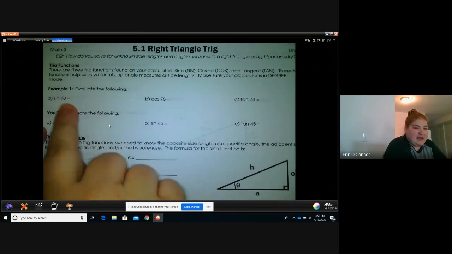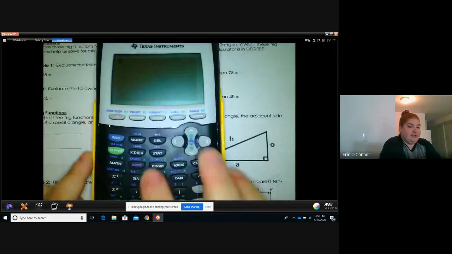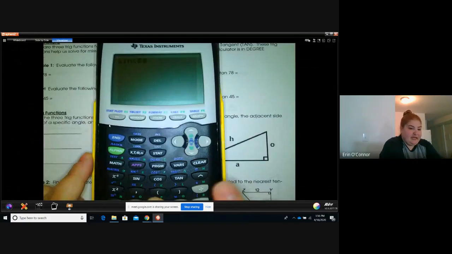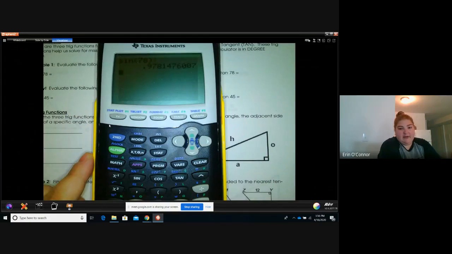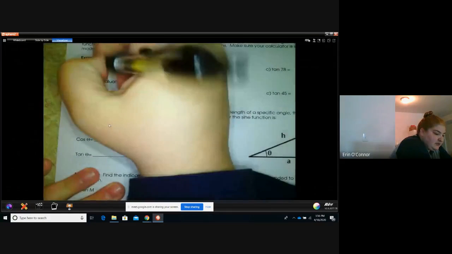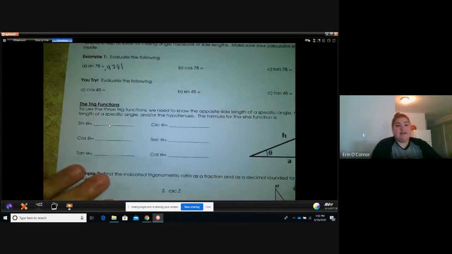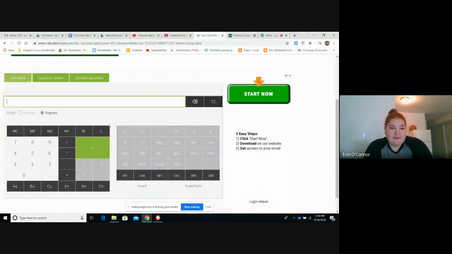So the first one is evaluate sine 78. So if you're in this calculator, you would just put in sine 78, and then you press enter. We're going to round to the nearest 10,000th, which is 4 decimal places. So this is equal to 0.9781. Now, if you were on this one, you would do the same thing.